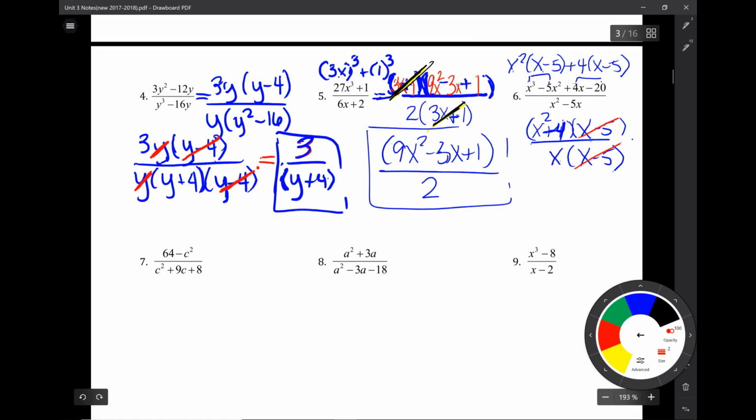X minus 5's go away. I think that's the obvious one. Now, if I rewrite what I have left, x squared plus 4 divided by x, I'm worried that some of you are going to want to cancel out the bottom x with the x squared on the top. You cannot do that. X squared plus 4 is its own factor, it's its own number, it has its own value and identity, so you can't cancel those x's.